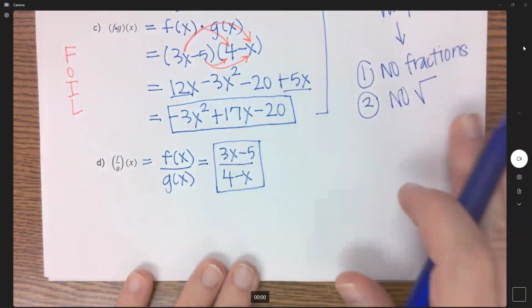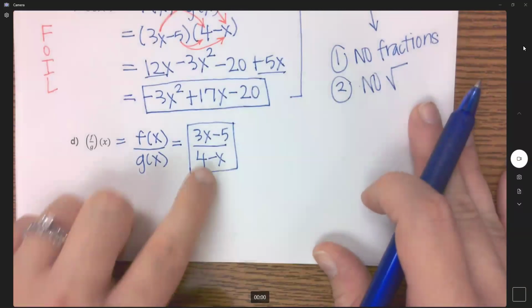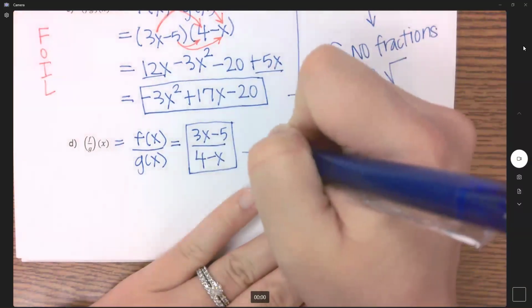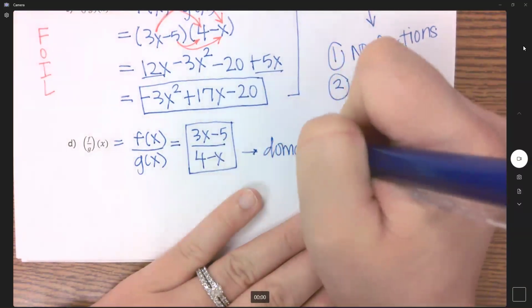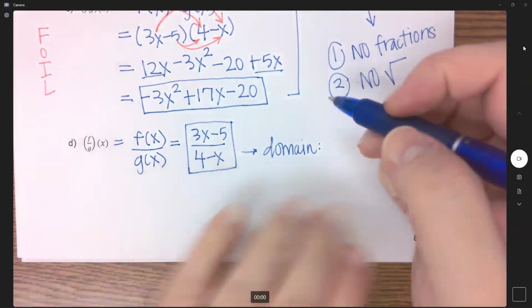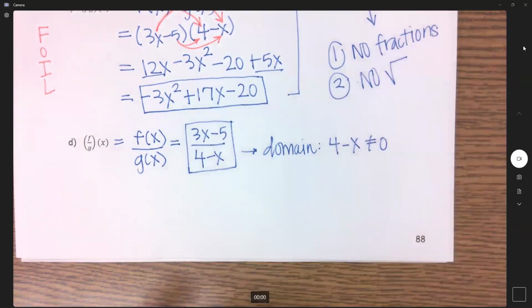Now, it does not have the same domain as this one here. It is not all real numbers because this one has a fraction. So to find its domain, we have to make sure that this bottom portion, 4 minus x, does not equal 0.